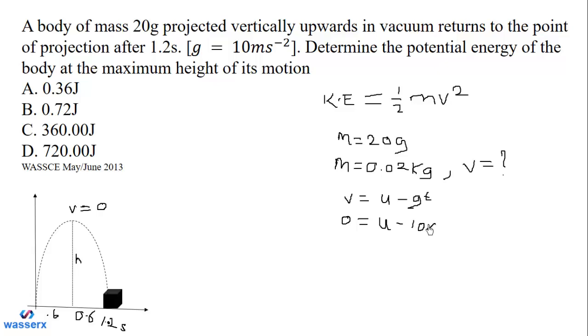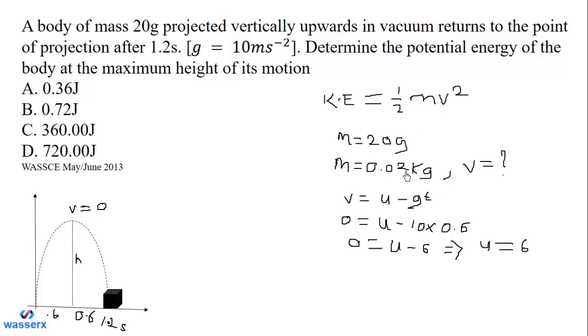So we get 0 equal u minus 10 times 0.6 seconds, and this will give us 0 is equal to u minus 6, because 10 times 0.6 is 6. This implies that our speed is equal to 6. So the u here is the speed that we need to continue over here.